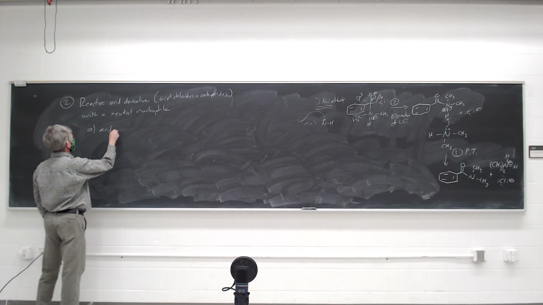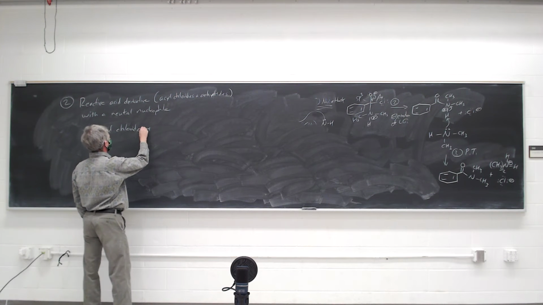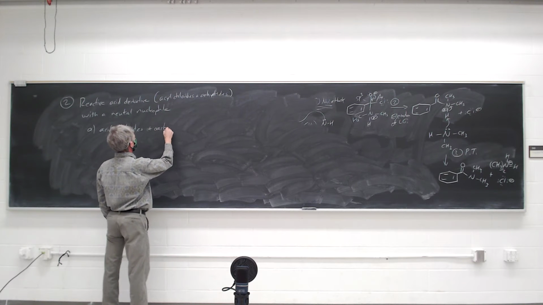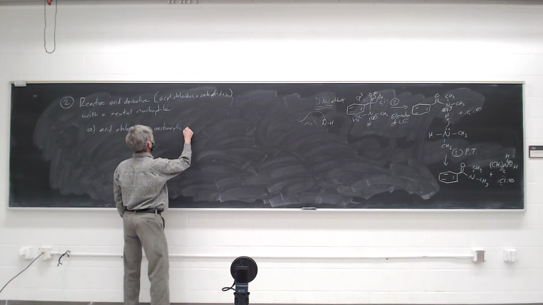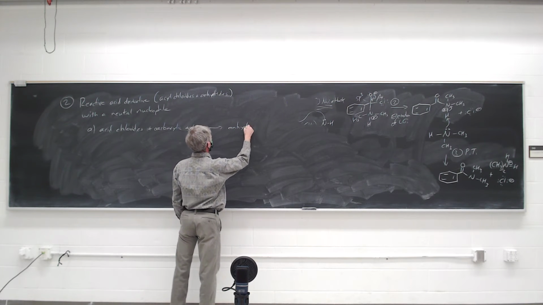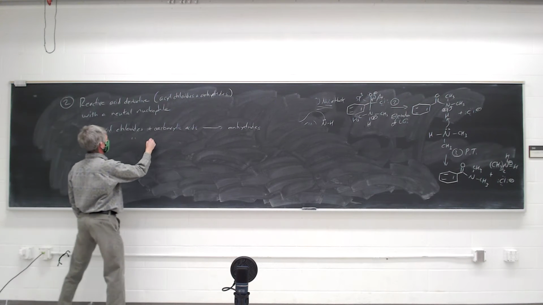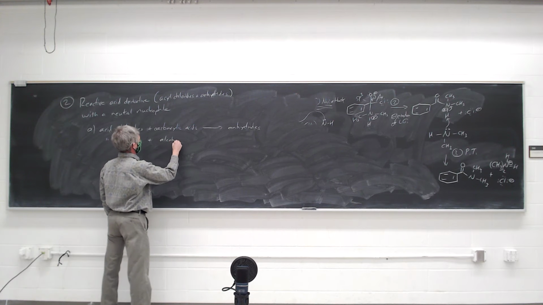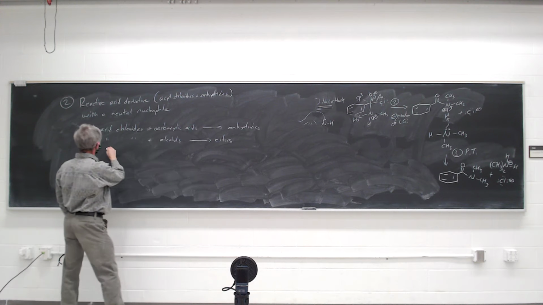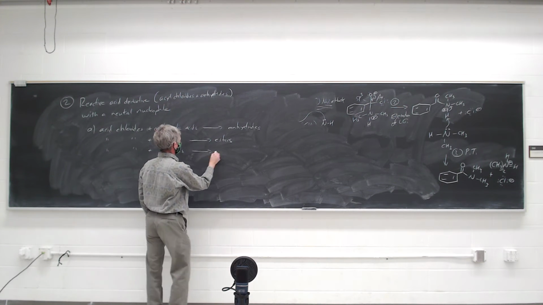So acid chlorides react with carboxylic acids to form anhydrides. Acid chlorides react with alcohols to form esters. And acid chlorides react with amines, as we've just seen, to form amides.